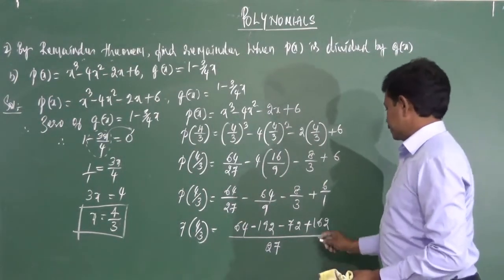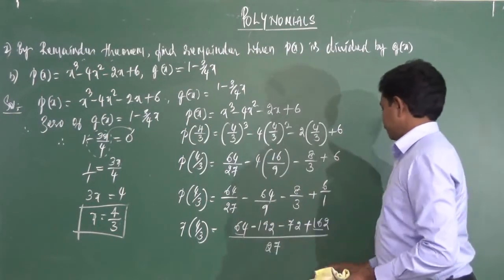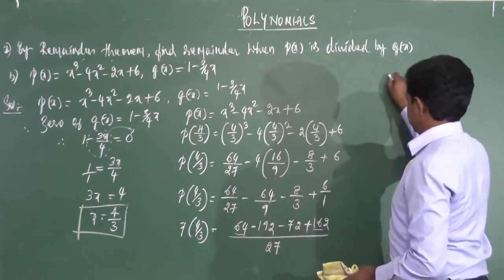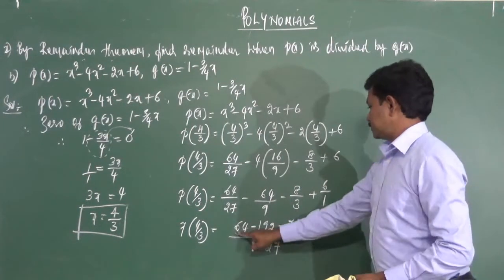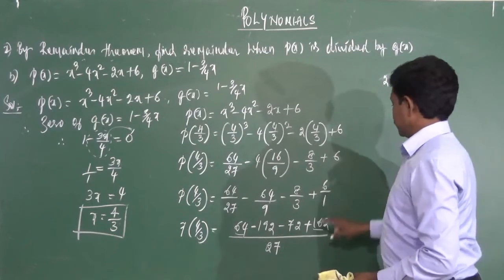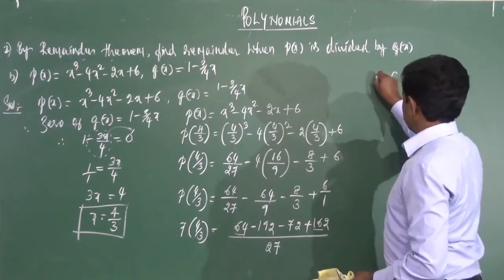We'll add these things, 162 plus 64. So 2 plus 4 is 6, and 6 plus 6 is 12, 2 and 1 carries. So 1 plus 1 is 2, 226.